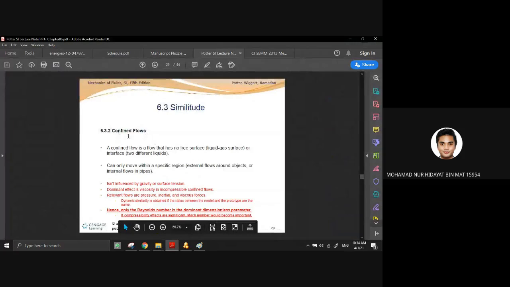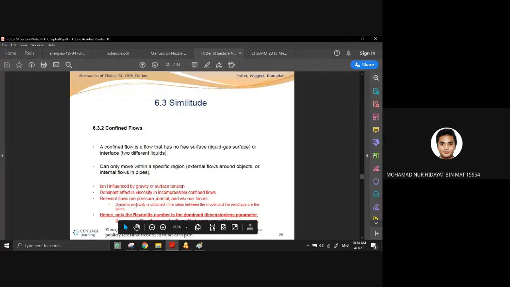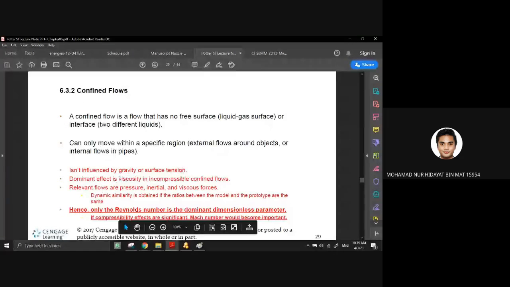Okay, so the confined flow is a flow that has no free surface. That means the flow is fully 100% fluid, 100% liquid, no combination of liquid and gas. So when you involve confined flow, the dominant effect is viscosity.